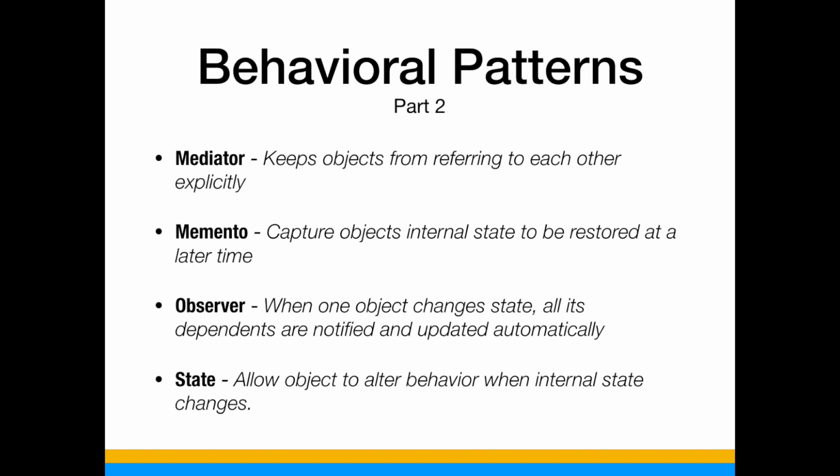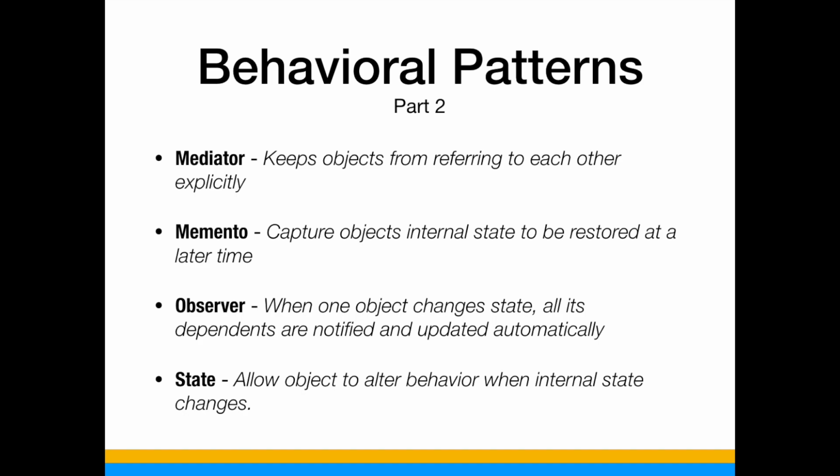So then you're building this circular pattern that can be easily solved by having a mediator in between. The memento is also one that we're going to talk about briefly, but it's just one that helps you capture an internal state to be then used later in time.